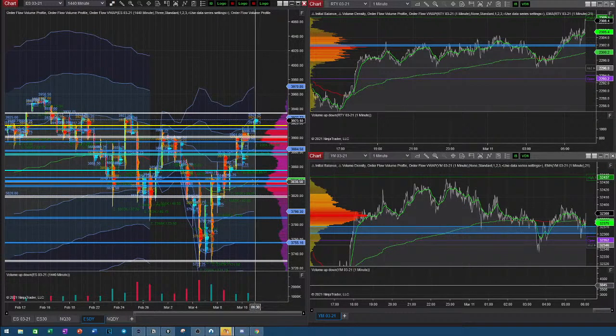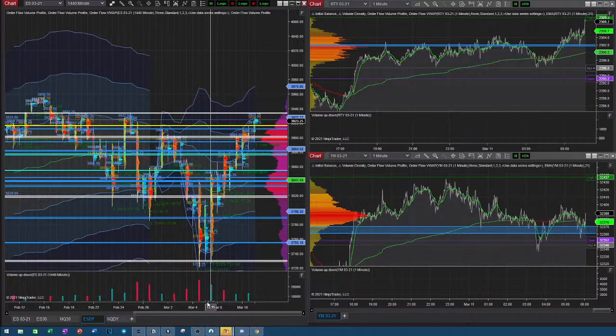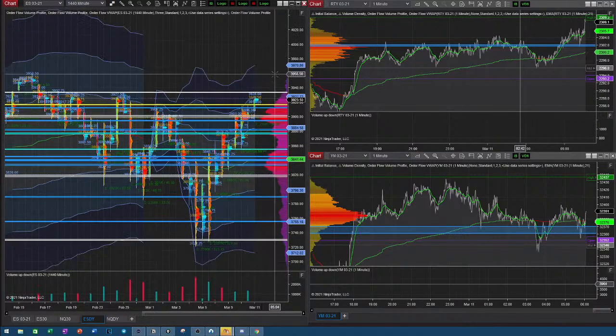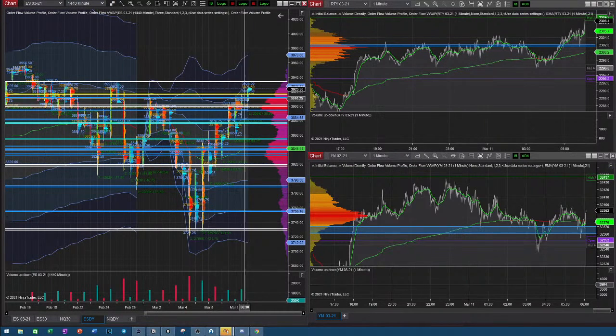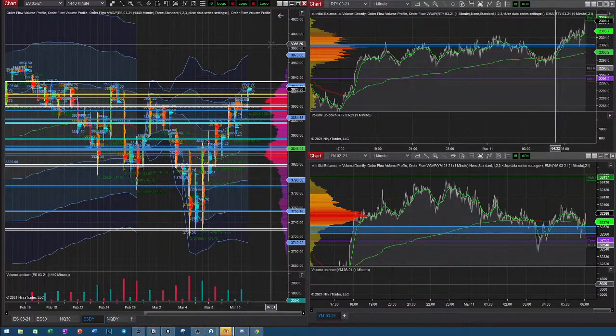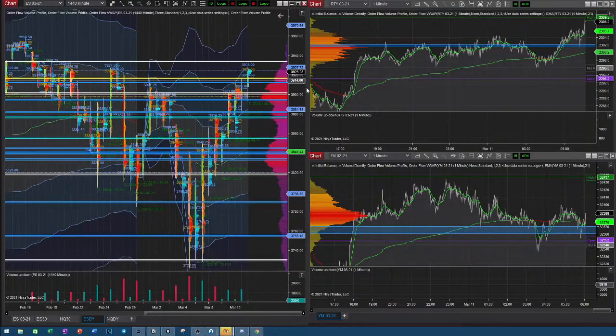So, this is a big move. It's certainly nothing to sneeze at. I know the move up here has been a little bit choppy at times, but this was a pretty big move straight up. So I am looking for a correction at some point in the next couple days. I just don't know exactly when it's going to happen.